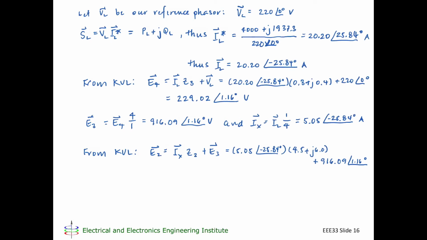And again, using my calculator, I will get E of 2 is equal to 950.25 at an angle 2.16 degrees volts.